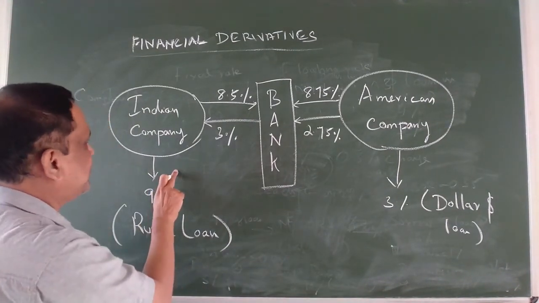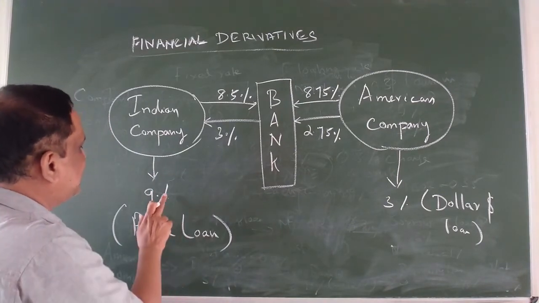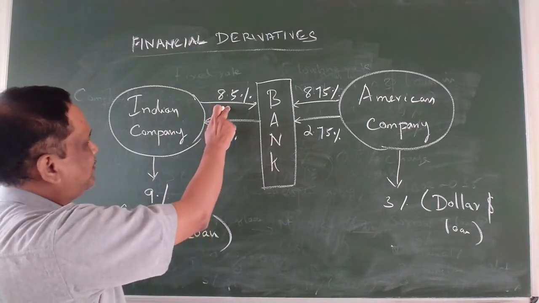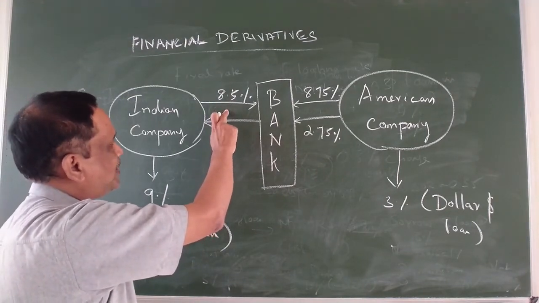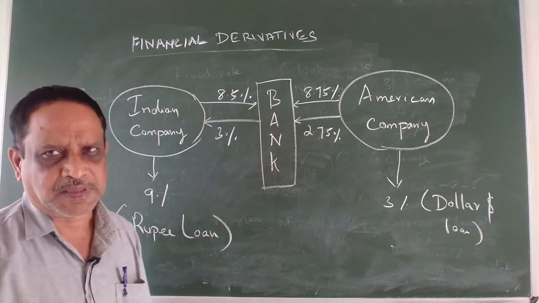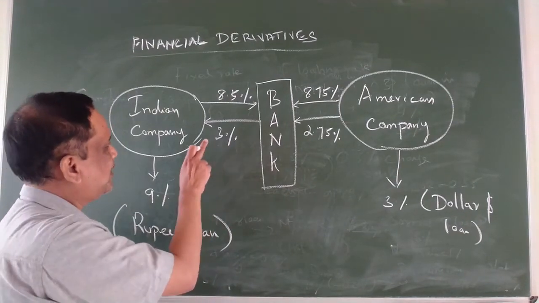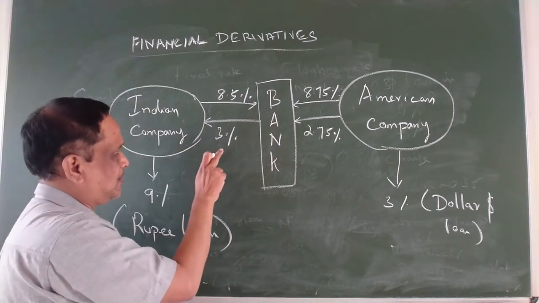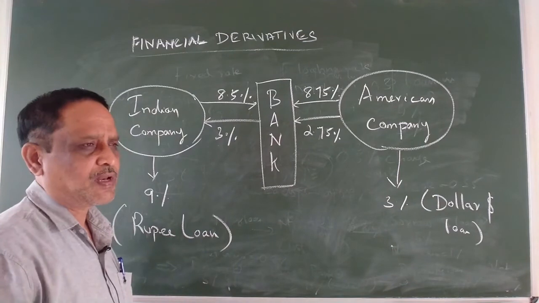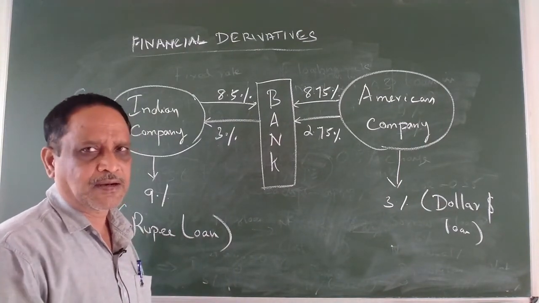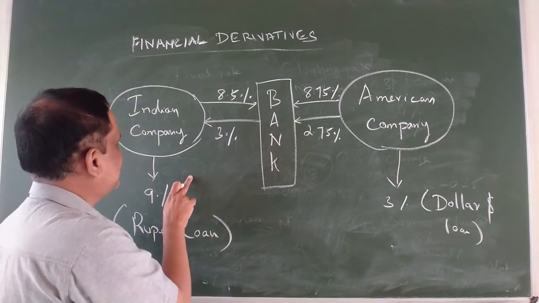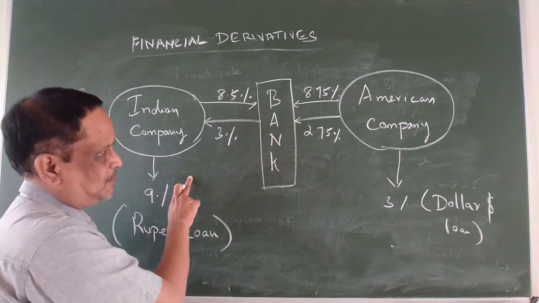In the case of the Indian company, they are borrowing at 9% and giving it at 8.5 percentage. They are making a loss of 0.5 percentage, whereas they are borrowing American dollars at 3 percentage instead of the usual 4 percentage. There they gain 1 percentage, as explained already. So their net gain is 0.5 percentage.